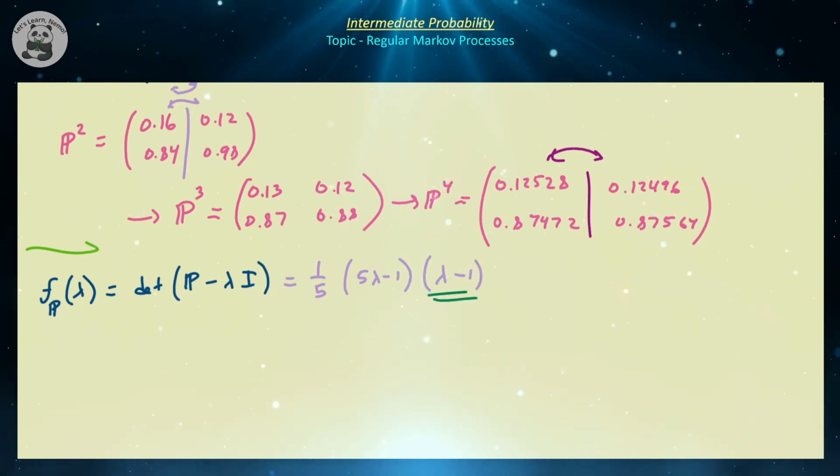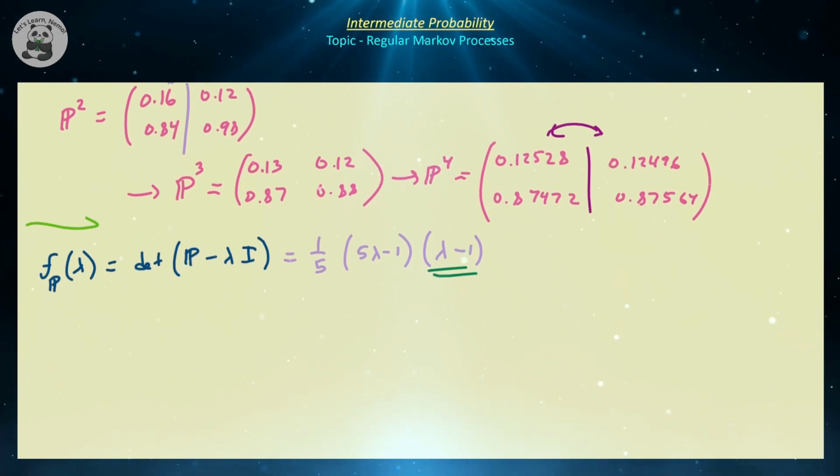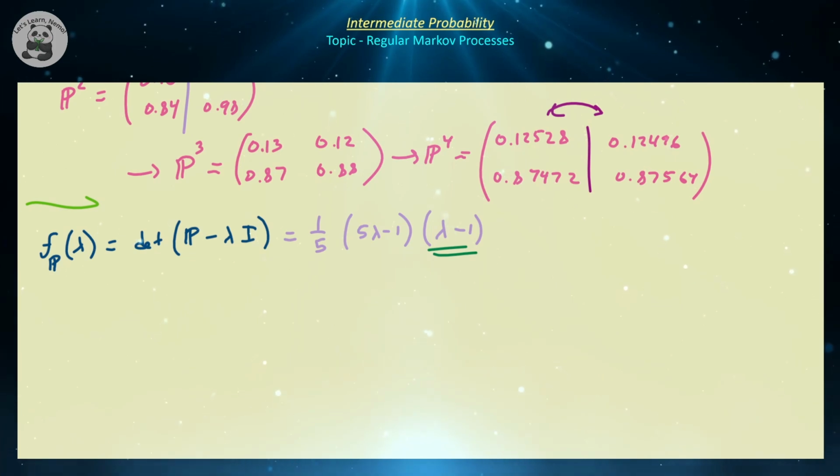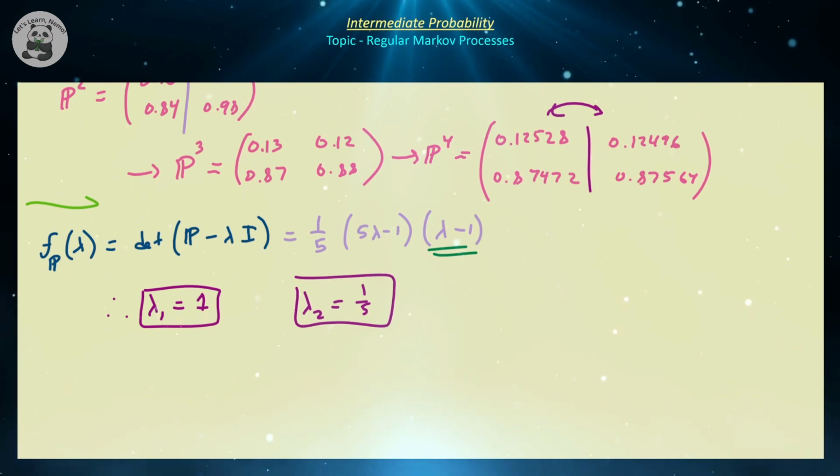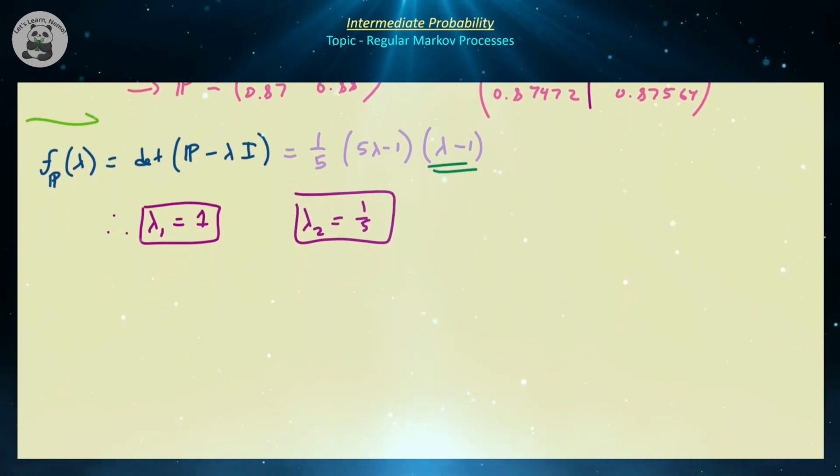This lambda minus 1 you should not be surprised to see, because we've already proven that lambda equal to 1 is always an eigenvalue for a stochastic matrix, right? So that's not surprising. So lambda 1 is equal to 1, as we clearly see here. And we see that lambda 2 is equal to positive 1/5. And notice that, of course, the magnitude of 1/5 is strictly less than 1.